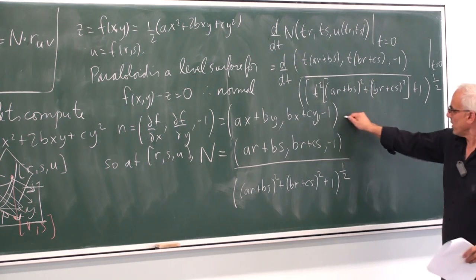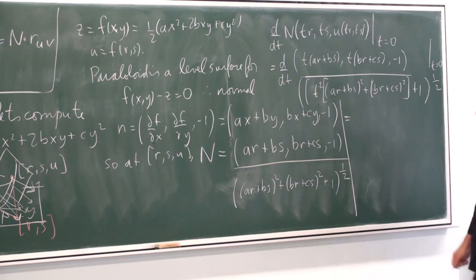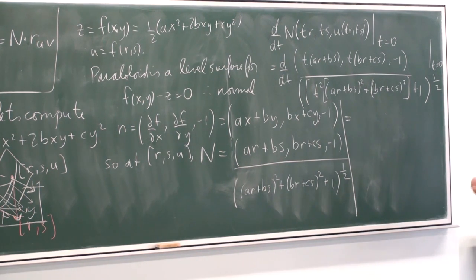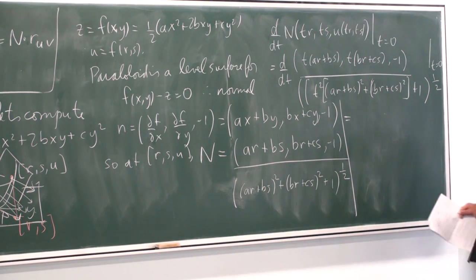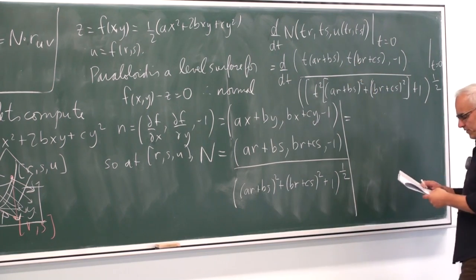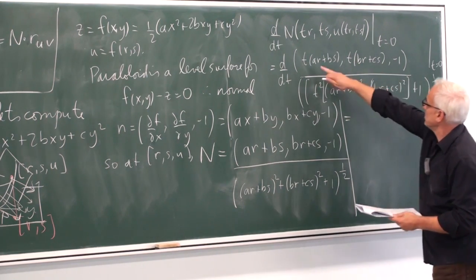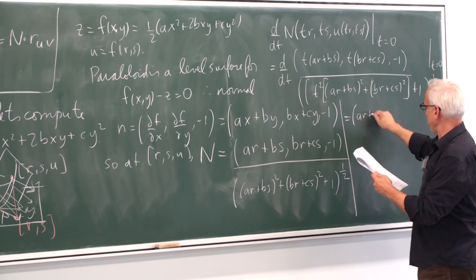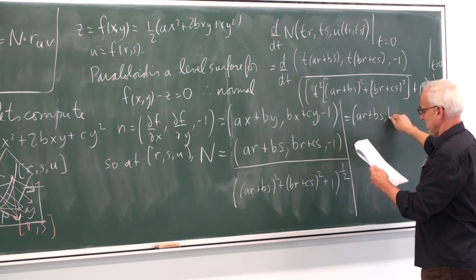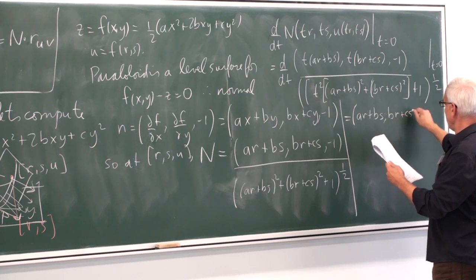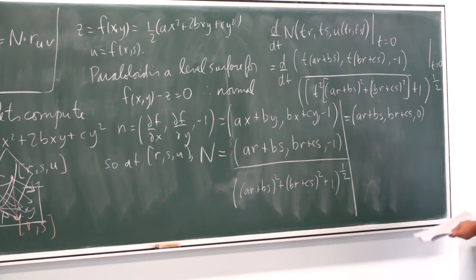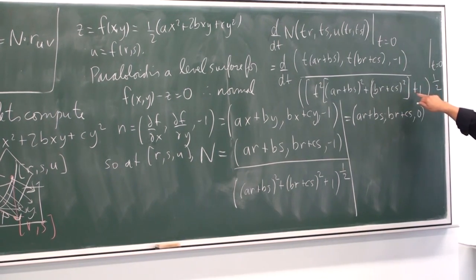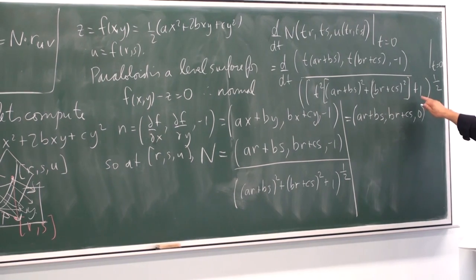All right, let's see if I can do that here in this little corner. So it's the quotient rule, so I have to take the derivative of the top. The derivative of the top is just this vector ar plus bs, br plus cs, 0, times the bottom. And then we're going to evaluate the bottom at t equals 0.